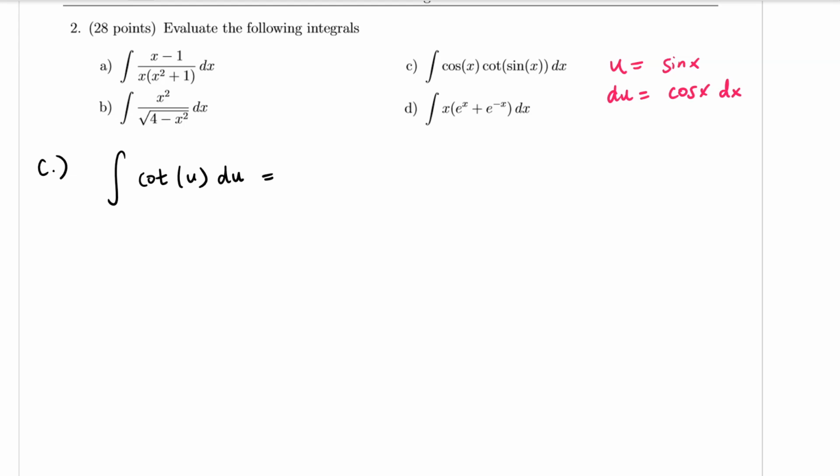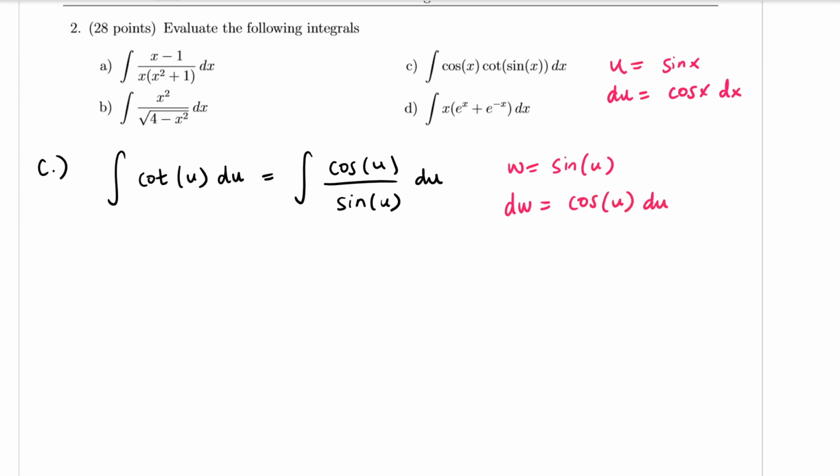From here, I'm going to rewrite this as cosine of u over sine of u du using one of our trigonometric identities. And then I'm going to use a substitution again, and I'm going to let w equal sine of u. Then dw is going to equal cosine of u du.